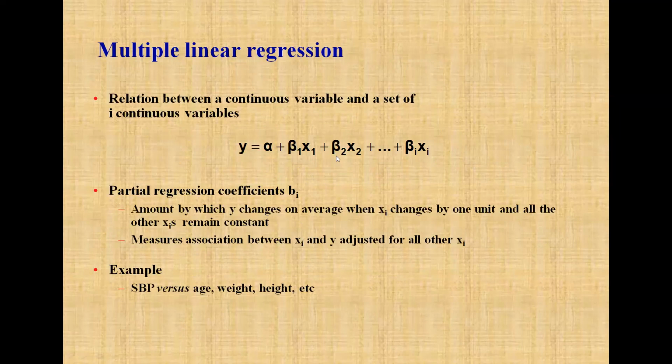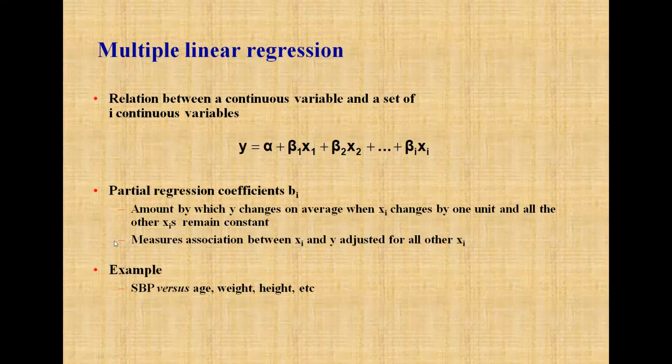This is the amount by which y changes on an average when xi changes by unity and all the other xi's remain constant. If you change it by 1 unit, you'll get a change in y equal to beta 1, keeping the others constant. It is a measure of association between xi and y adjusted for all other xi's.